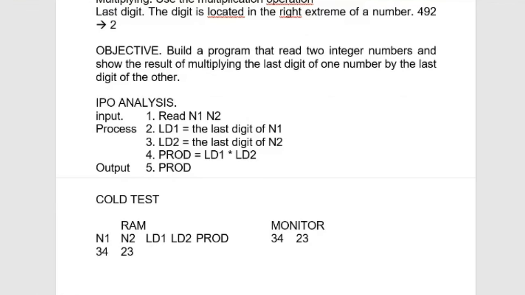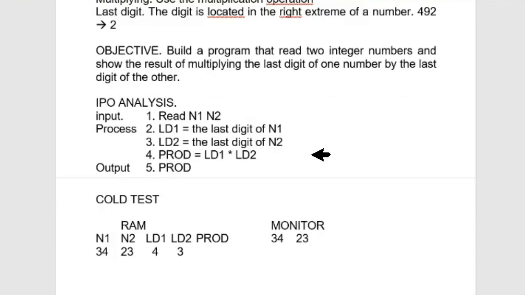Now, step number 2. LD1 is equal to the last digit of N1. So LD1 is 4, right? Then, step number 3. LD2 is equal to the last digit of N2. N2 stores 23, and the last digit of 23 is 3.